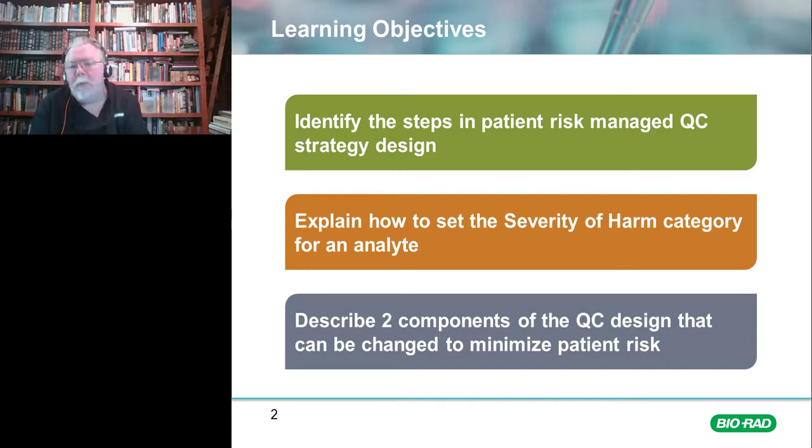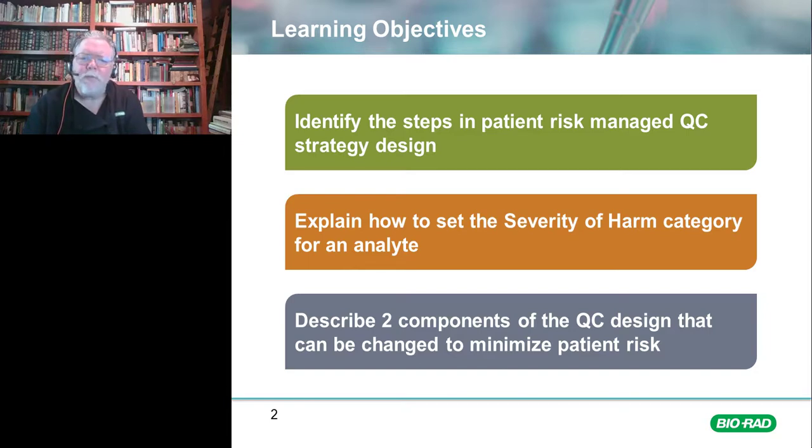And one of the key elements, as you'll see, is that it is based around the severity of harm model for risk management. And hopefully everybody is going to come away with an idea about how you set that severity of harm category for an analyte. And then we'll talk about when we have a QC design, what are some of the things that we can change that will change the risk of that QC strategy.